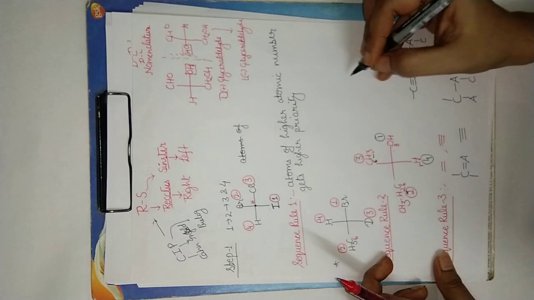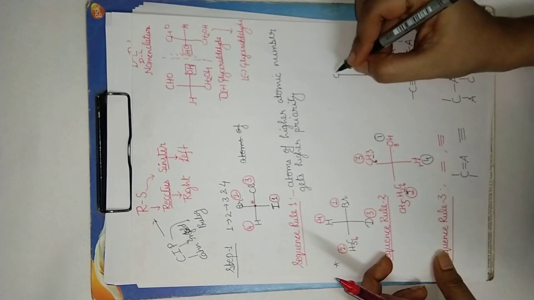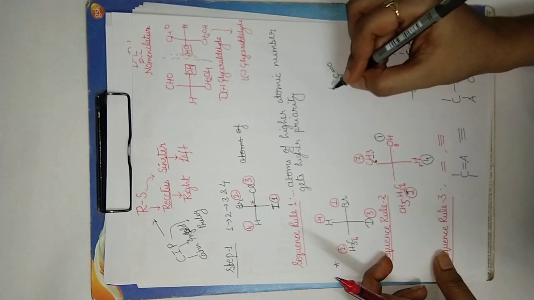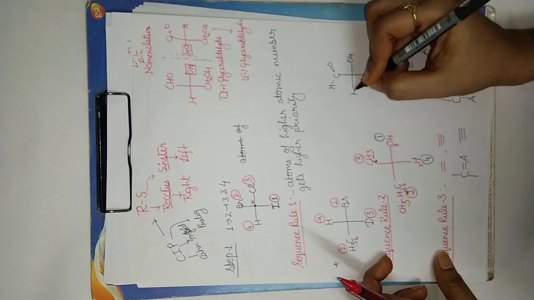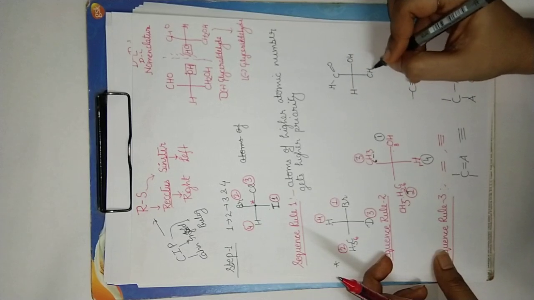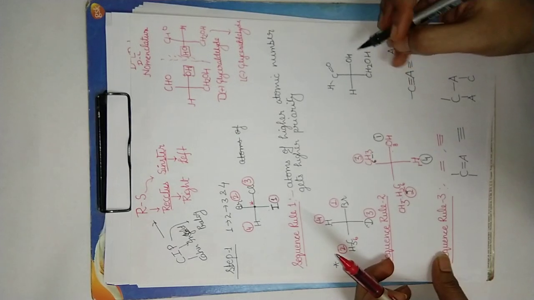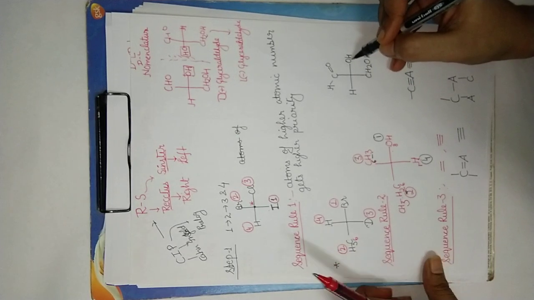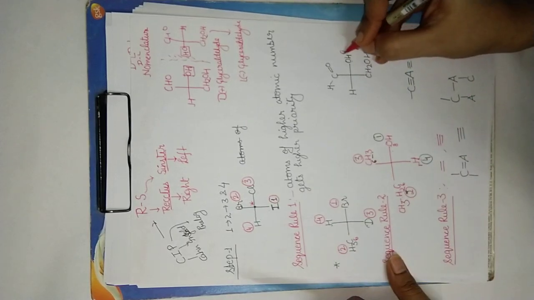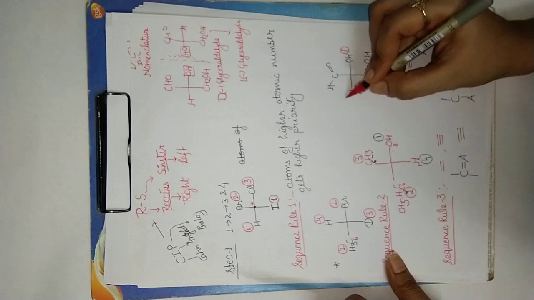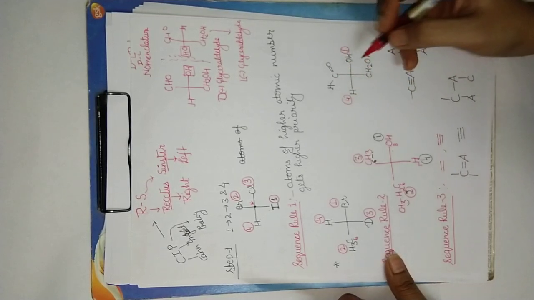I have given one example. If we have C double bond OH, OH, H, CH2OH, then what will happen? This one has the highest atomic number. It will get 1 number, and in this case this will get 4 number. And what about these two atoms?